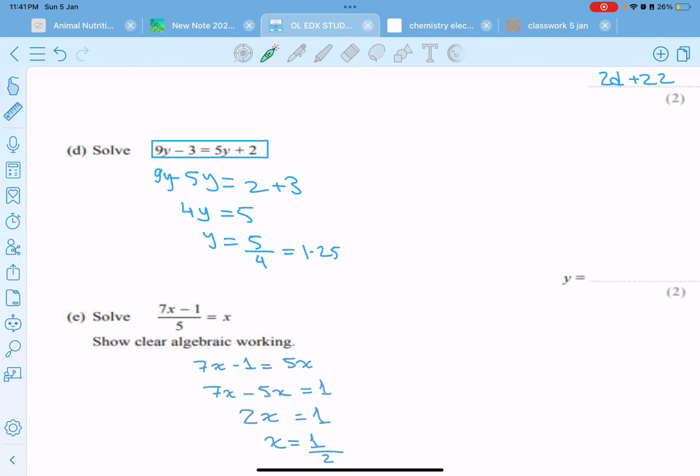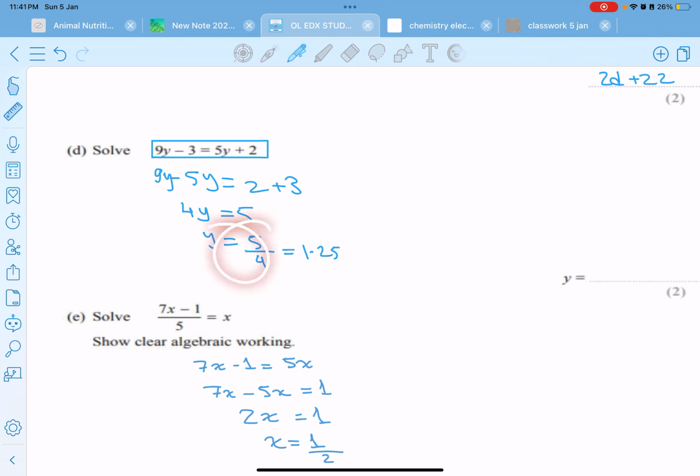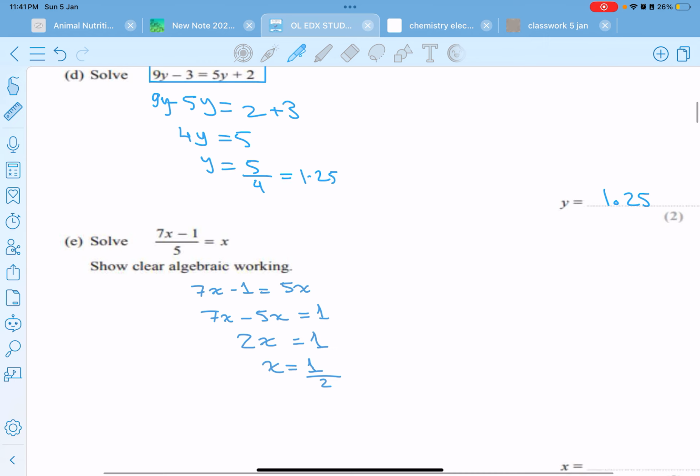If it's a fraction, then write it as a proper fraction or mixed number. Sometimes if you write decimals, it can take only 2 or 3 significant figures. However, writing the fraction is always the best, if the fraction is a proper fraction.